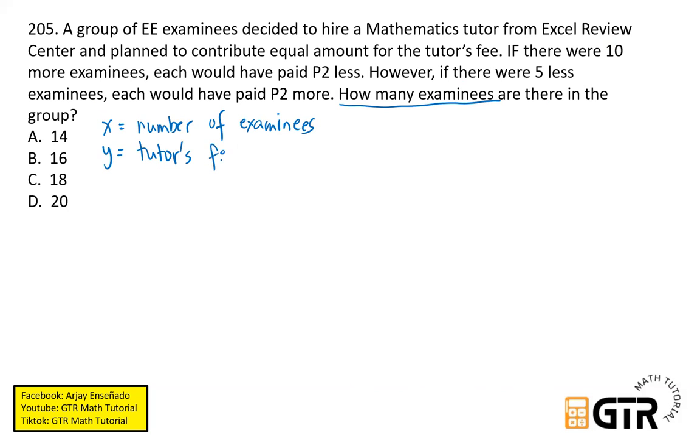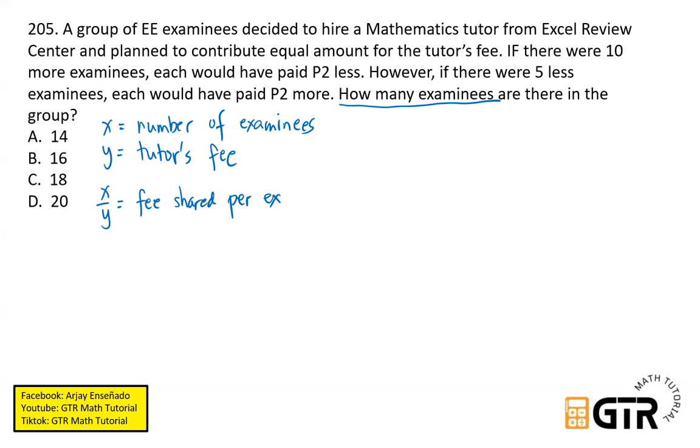So, magkano ang magiging ambagan nila kung nilet natin X ay number of examinees and then Y yung tutor's fee? So, ang magiging ambagan nila ay magiging X over Y. Ito yung magiging fee, original fee, shared per examinee.